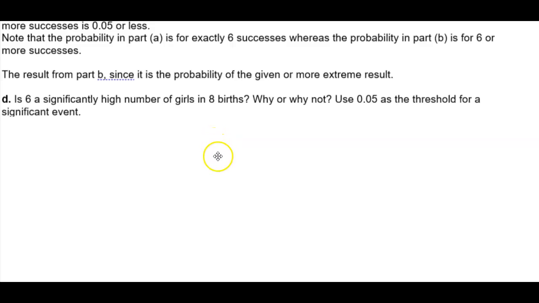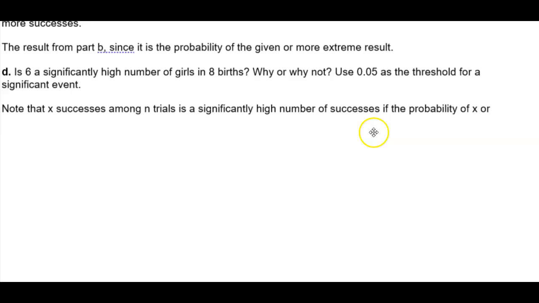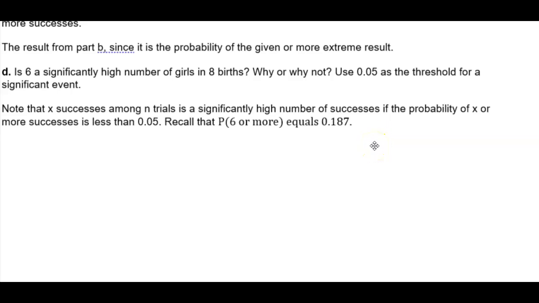Let's take a look at part D. Is 6 a significantly high number of girls in 8 births? Why or why not? And then use 0.05 as the threshold for a significant event. Now note that X successes among N trials is a significantly high number of successes if the probability of X or more successes is less than 0.05.